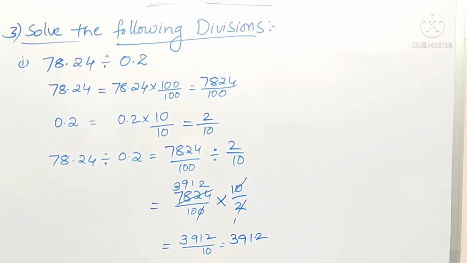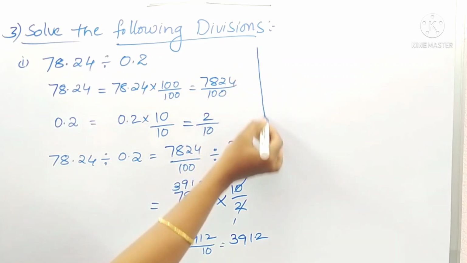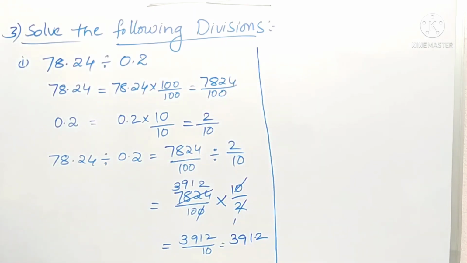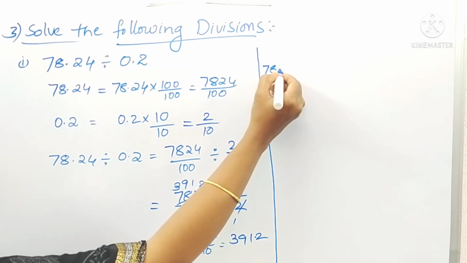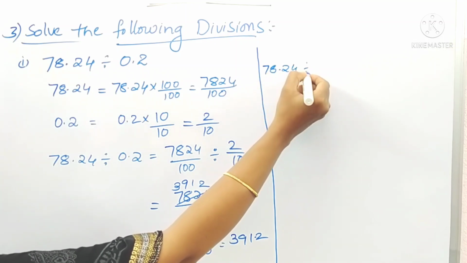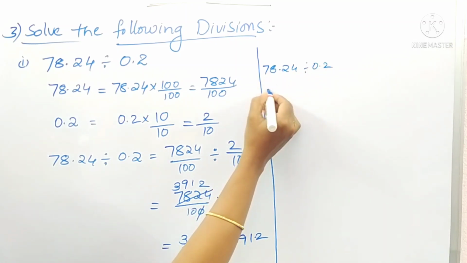So here the answer is 391.2. This is the process we have seen in our second problem when I was explaining the division of decimals. Now we will see within a short period of time how to solve. So this process also you can use in your exams directly.